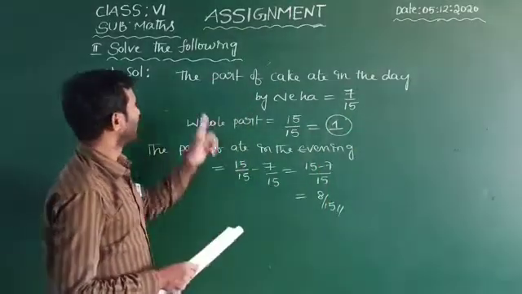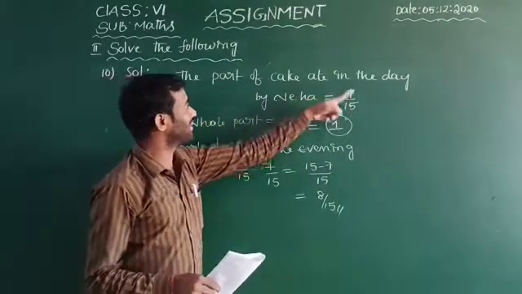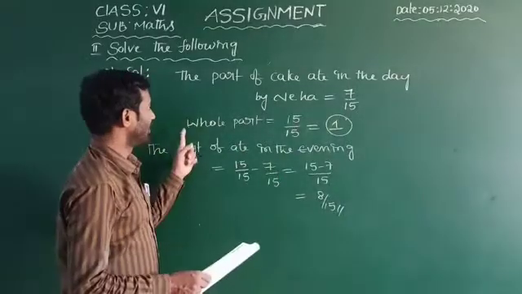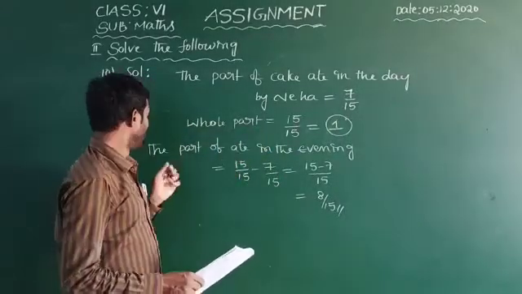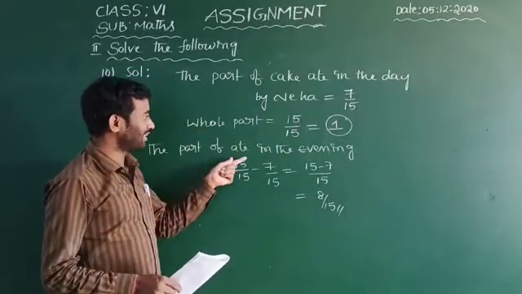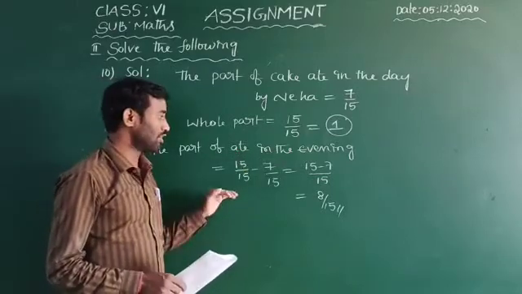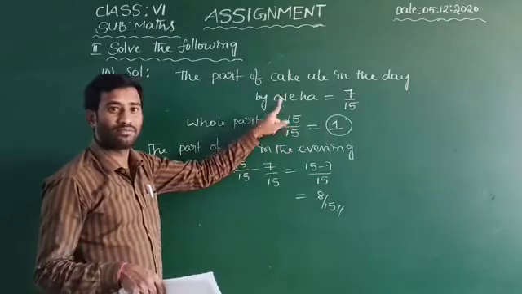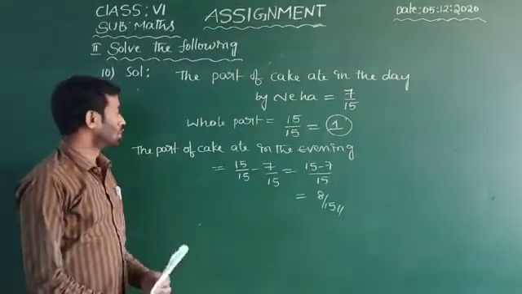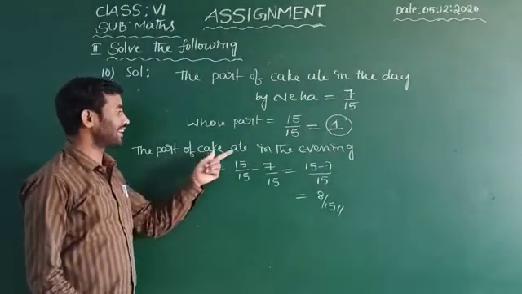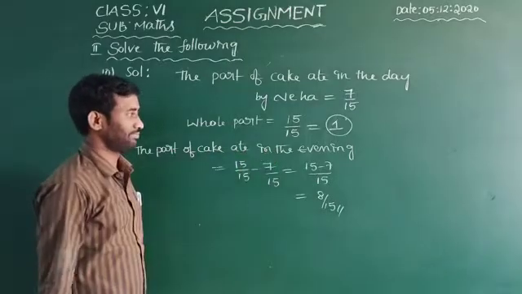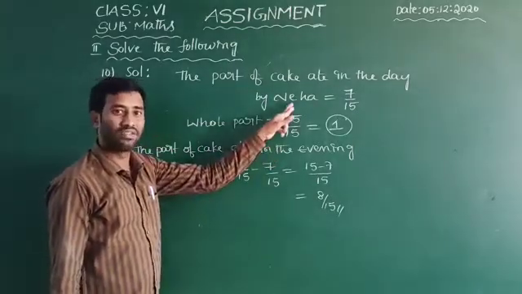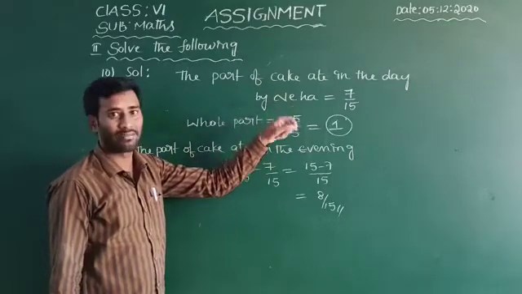So the part of the cake eaten in the day by Neha equals 7 by 15, and the whole equals 15 by 15. The part eaten in the evening equals the whole minus the part eaten by Neha in the morning.